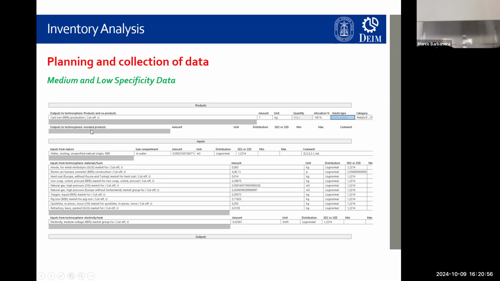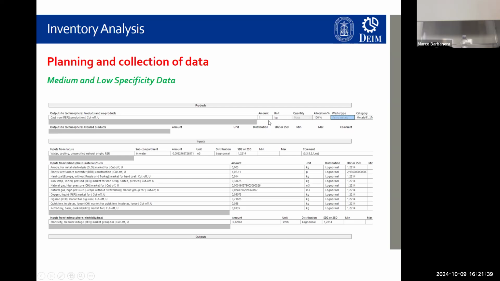Now for us, we can see simply that in each process in the commercial LCIA software, in the first line we have the name of the process, and here at the right, in the amount column and the unit column of the first line, you can see 1 kilogram.